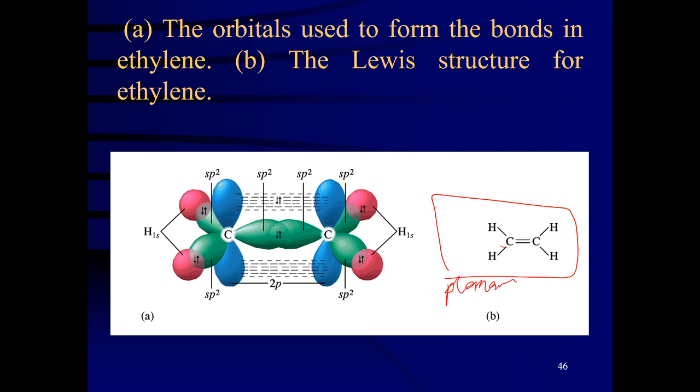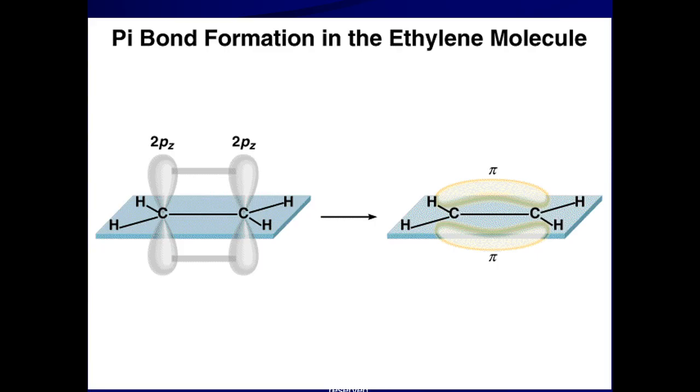And what you have here is 120 degrees and it's trigonal planar. Trigonal means it's separated by three, so meaning 1 here, 2, 3. Then the bond angle is 120 degrees.